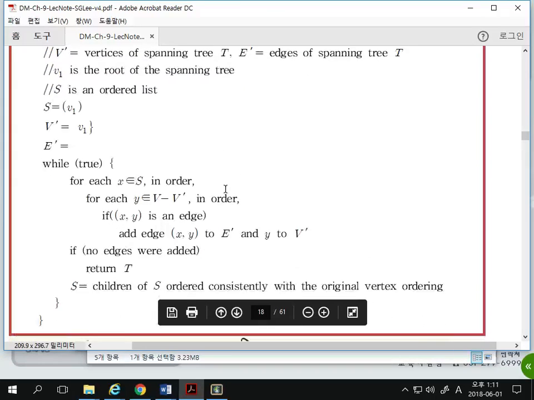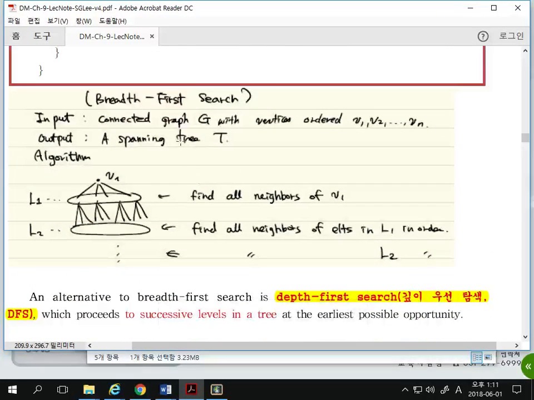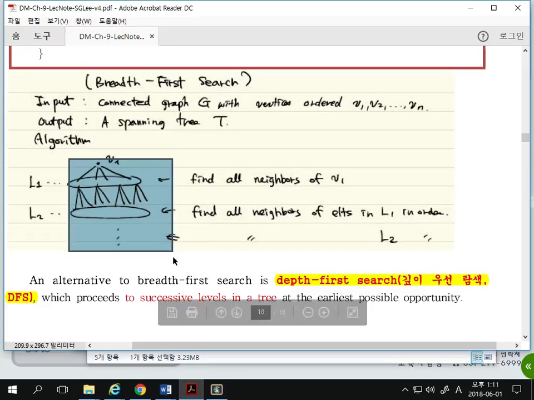This is the pseudocode for that algorithm, shown like what you see in this figure.